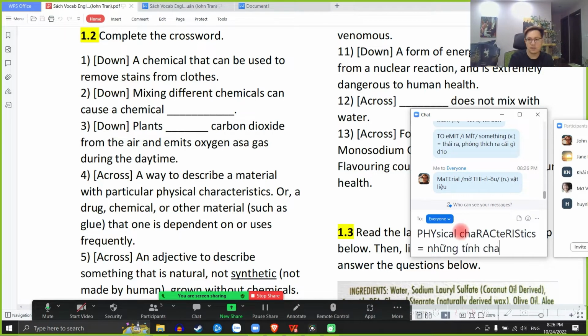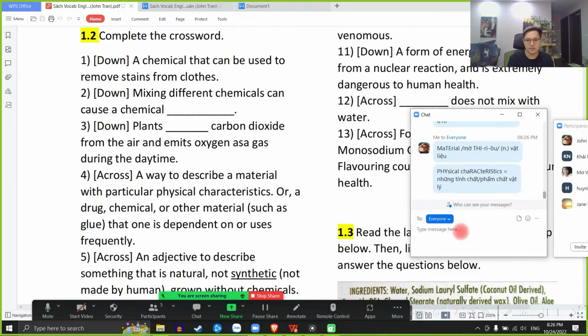Những tính chất, phẩm chất vật lý. Một cách để miêu tả một cái vật liệu với những phẩm chất, tính chất vật lý nhất định.